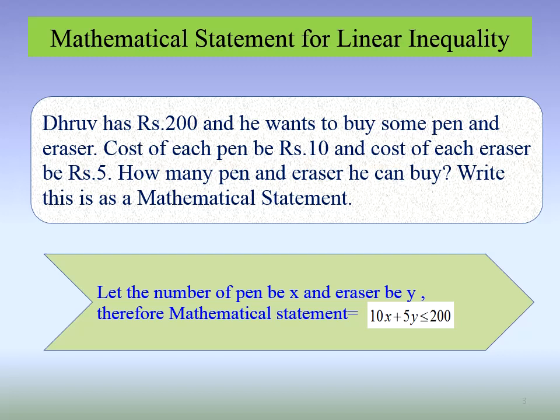If I assume the number of pens to be x and the number of erasers to be y, then we can write the mathematical statement as 10x plus 5y, which is less than or equal to 200. So it cannot cross rupees 200. The total cost must be less than or equal to 200.